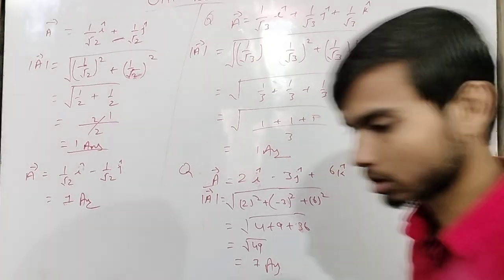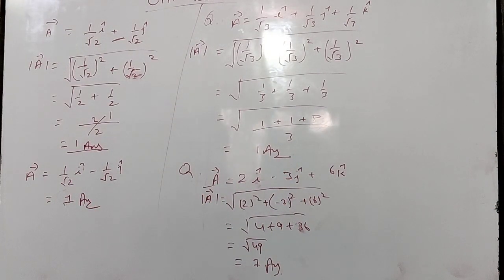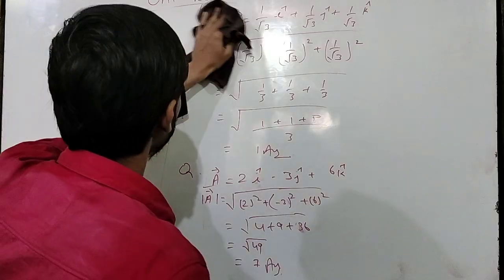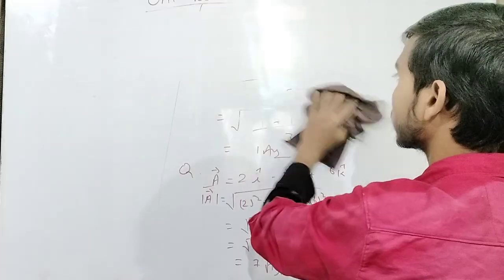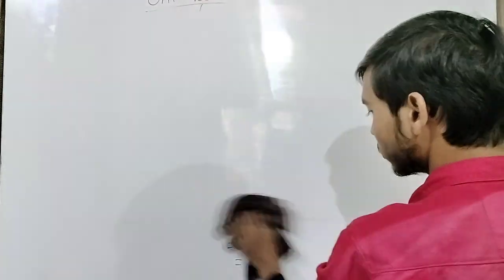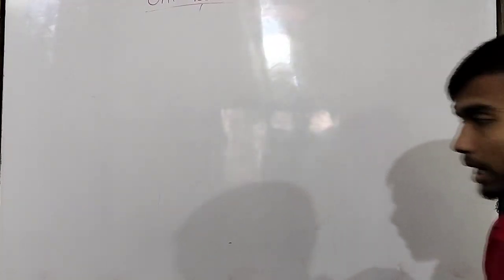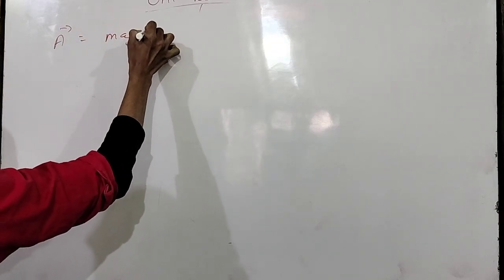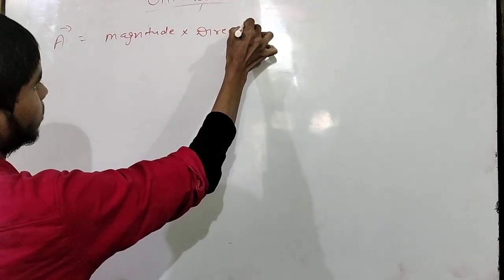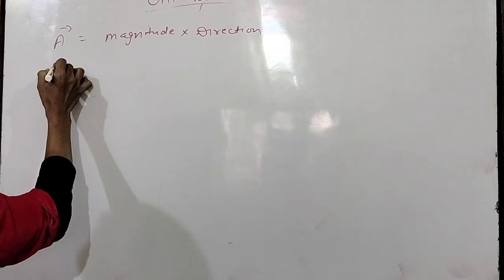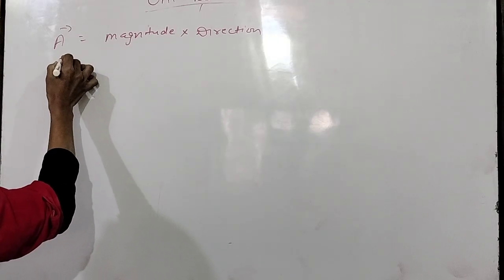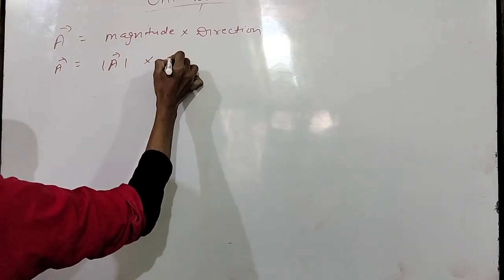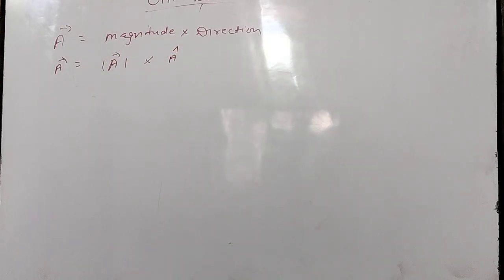Now next, just have a look for a few seconds. Here I have told you that vector A is equal to magnitude multiplied by direction. This magnitude, which is the mod of this vector, multiplied by direction, we represent it by this symbol.